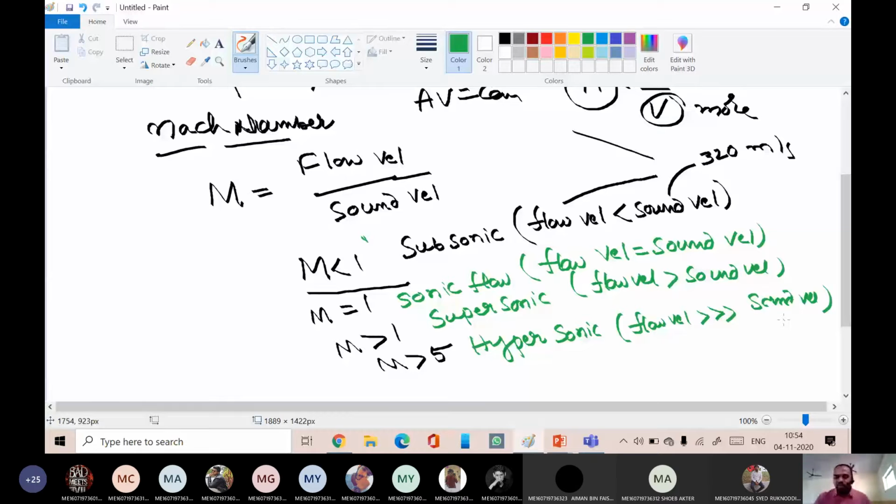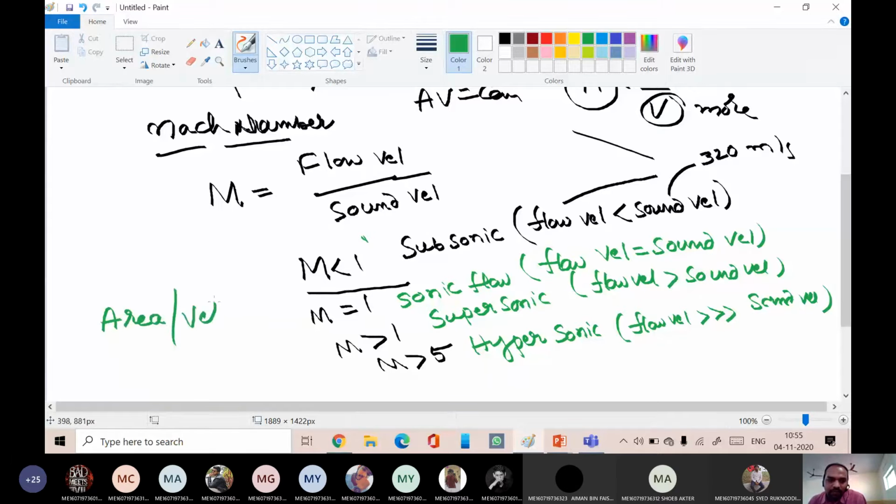So from your mind, remove the concept that nozzles are always converging. No, it's not correct. A nozzle may be either converging or diverging, right? Sometimes a diverging passage will act as a nozzle, but it depends upon the Mach number. To study this in detail, you should know the area velocity relationship, but it is out of our topic.